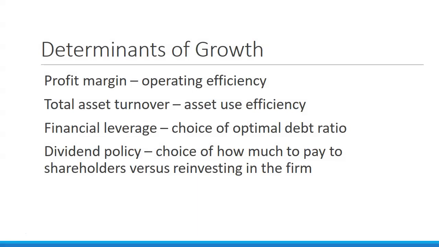What, then, are the determinants of whether or not we can grow? Well, profit margin, because profit margin indicates how much net income we have, and how much net income we have tells us how much money we have available in our equity to increase assets without taking on more debt.